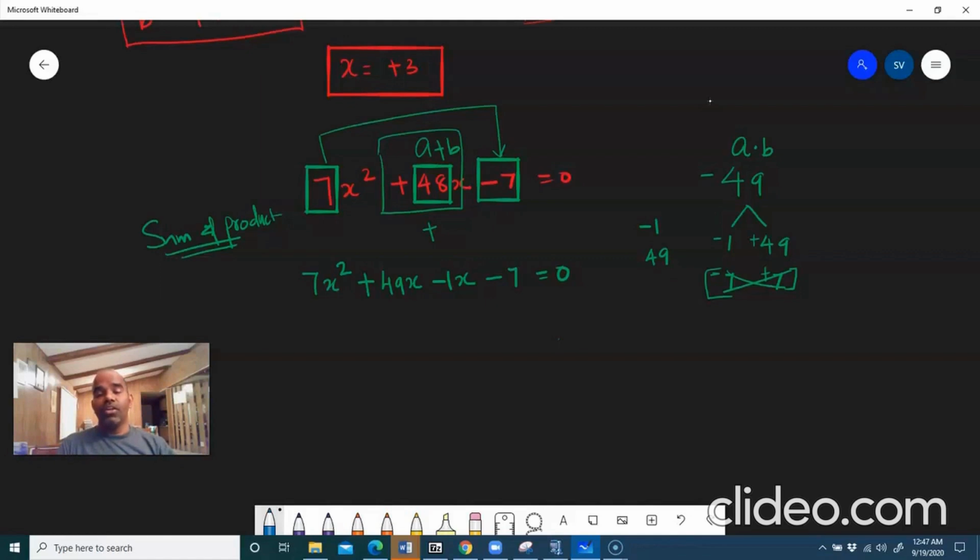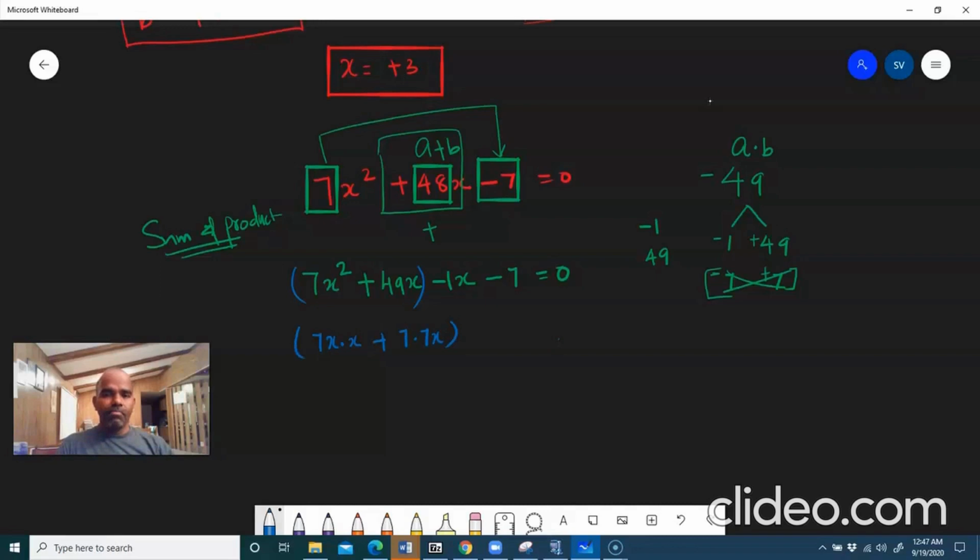So now what you need to do is group the first two terms and the last two terms. So 7x square and 49x, what is common there? 7x. So you can see that here you have 7x times x plus 49 is 7 times 7x.